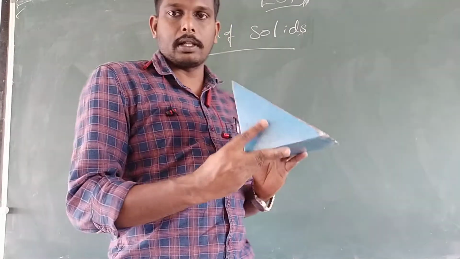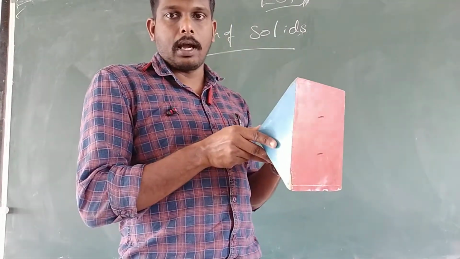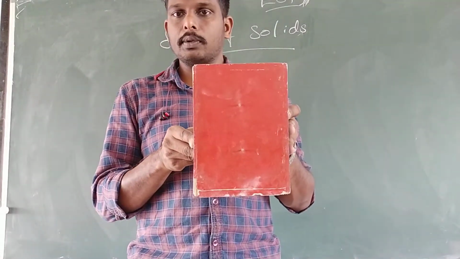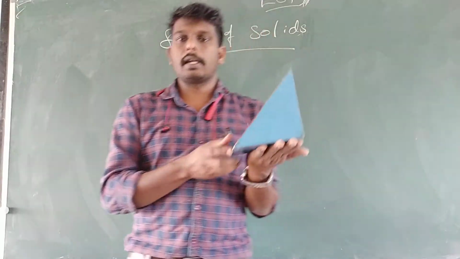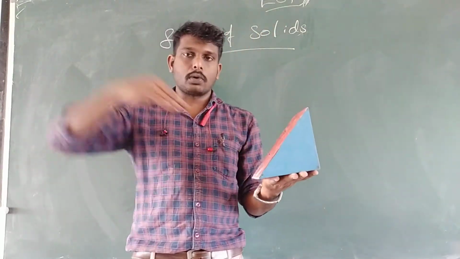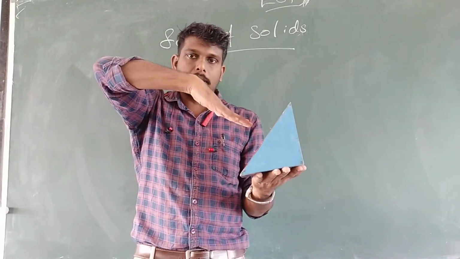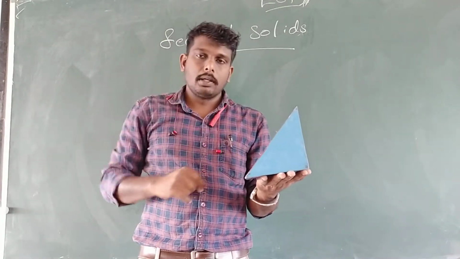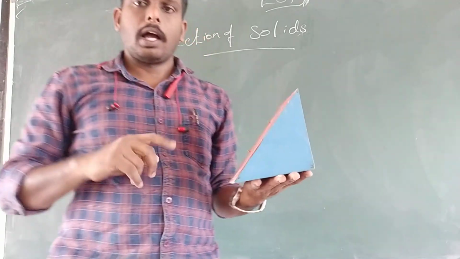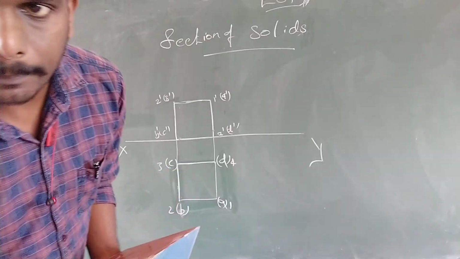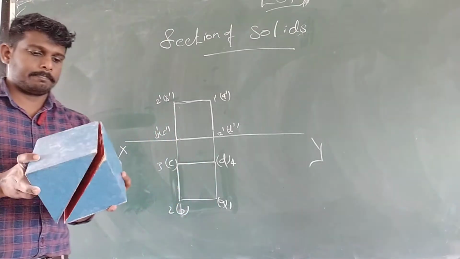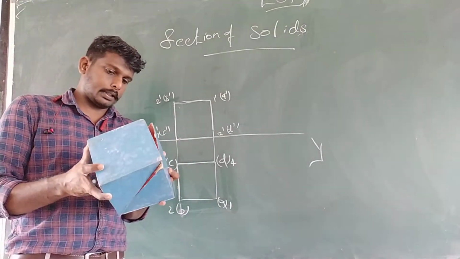That is, I rotate the solid and now it is perpendicular to the viewer. But in case the solid is resting here, we should look at the solid from this side, then we can see the true shape. I will draw the same figure.